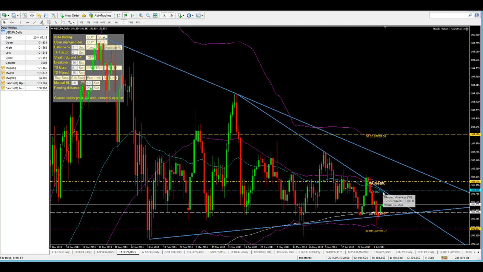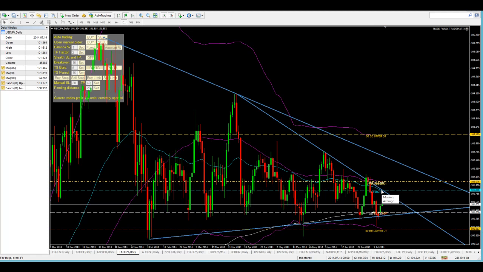From right where it is, 101.55, to 101.87. That's where it looks like it wants to go. It wants to really test 101.87.